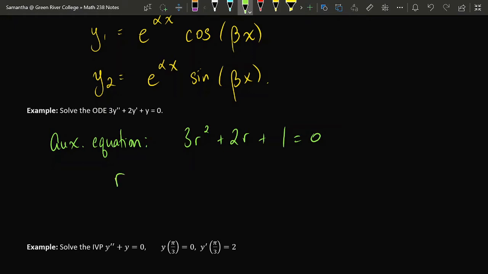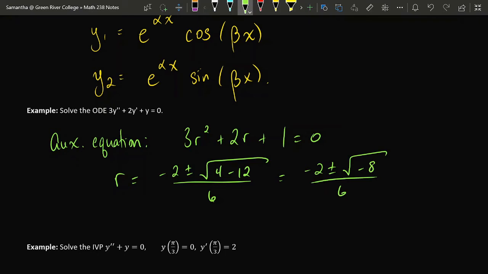So the solutions are, by the quadratic formula, r is equal to negative b, negative 2, plus or minus the square root of 2 squared minus 4ac, all over 2a, which is equivalent to negative 2 plus or minus the square root of minus 8 over 6.